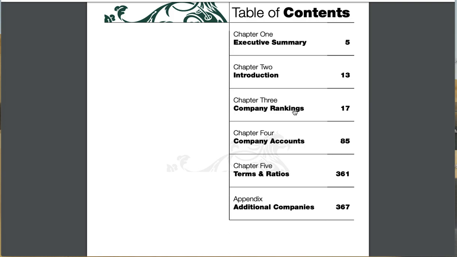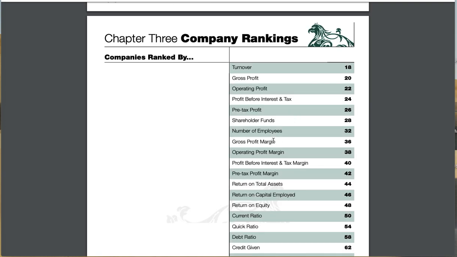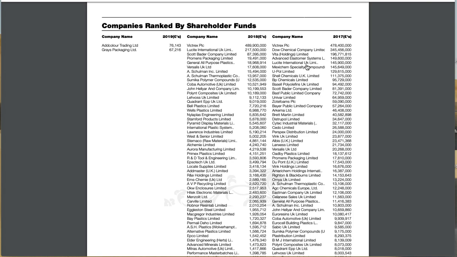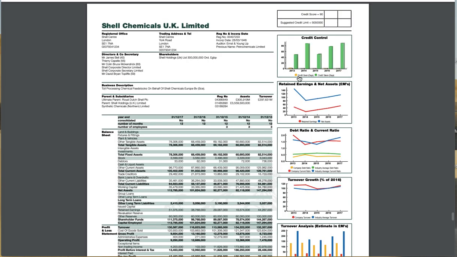Because it's the full report, it contains the rankings for the sector. So I can look at any of these various rankings. I could look at shareholder funds, and then pick a company that looks interesting here. Let's see, Shell Chemicals again.